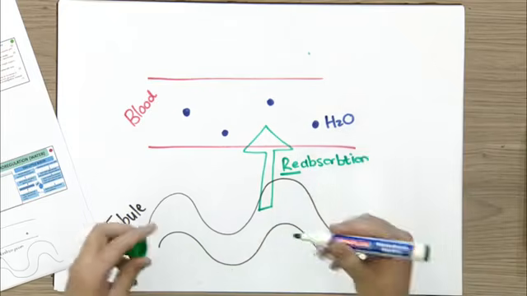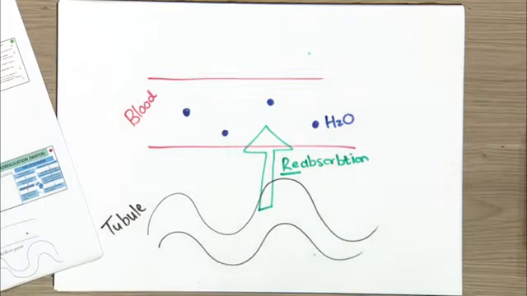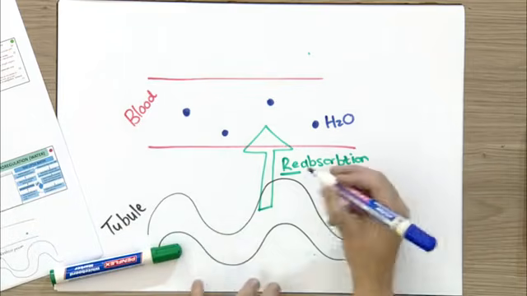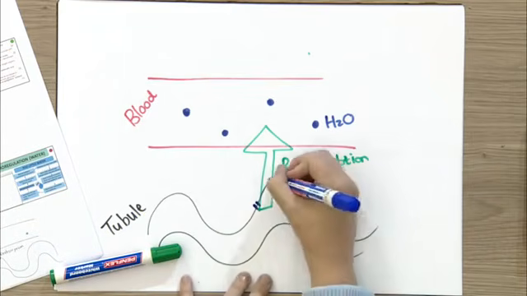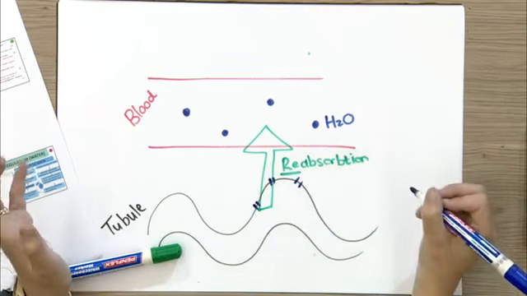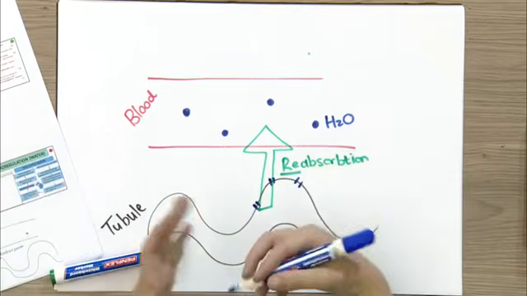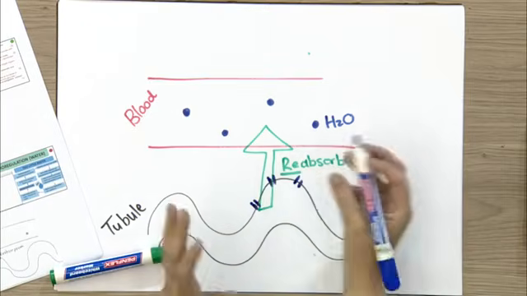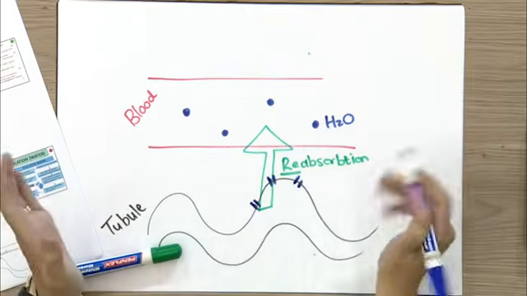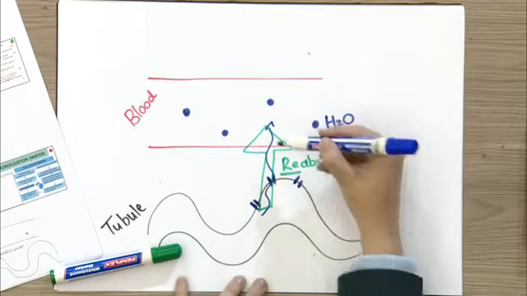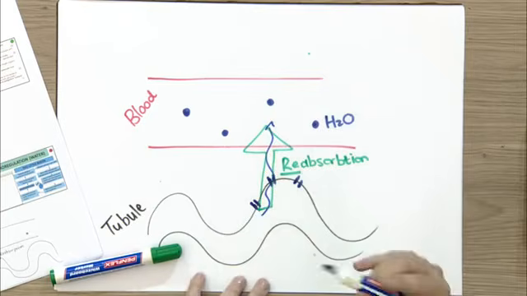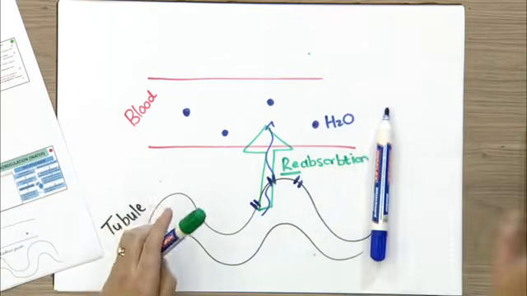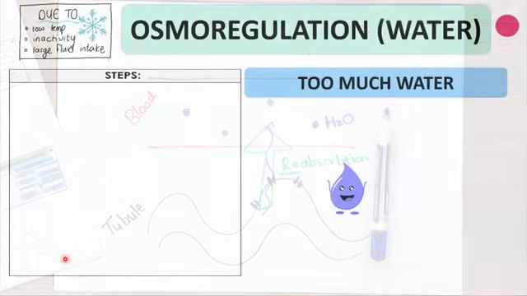The only way to do this is for these walls to become a little bit more permeable. I tell my learners it's sort of like opening up doors. The doors of these tubules can open up, they will become more permeable, and then more water can flow from the tubule into the blood, and we call that reabsorption.